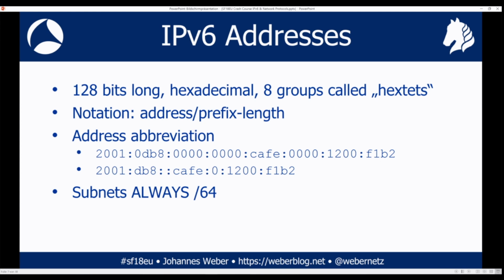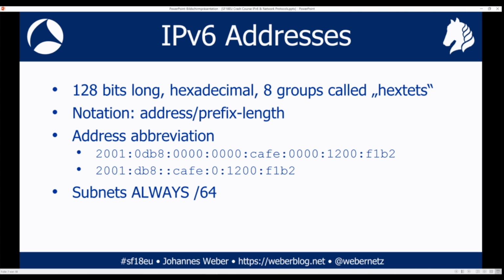Here I have another hextet with only zeros, but I must write it down as 0. Why? Because otherwise you couldn't reverse the process completely. If we had used :: again, then we would not know whether this cafe is at this part or at this part, because we can't do it exactly. So these are the 2 abbreviation rules.